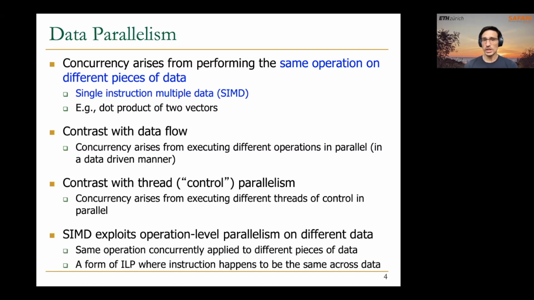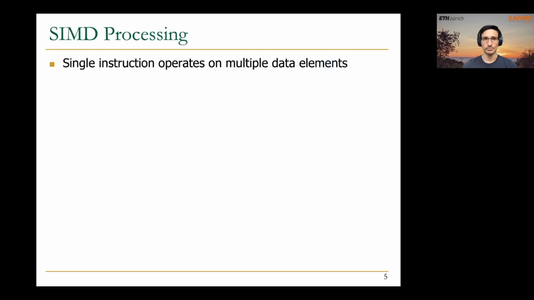In the end, SIMD exploits operation level parallelism on different data. We have the same operation concurrently applied to different pieces of data. And this, if you think about it, is a form of instruction level parallelism, but in this case, the instruction happens to be the same across all the data elements that we operate on.